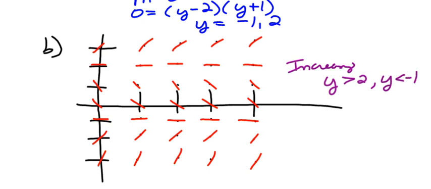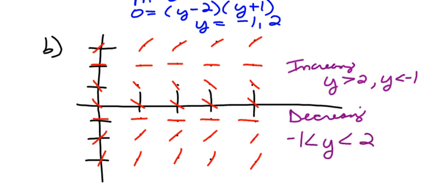I can see that I have positive slopes. And then I can say, well, I'm decreasing for this differential equation when my y values are between the -1 and 2. Remember, -1 and 2 are where I have slopes of 0. So these are where I'm going to be increasing and decreasing between. So notice they were y values. My differential equation had y's.